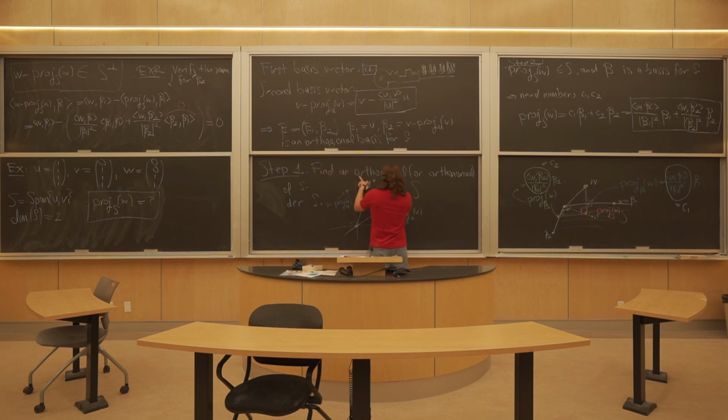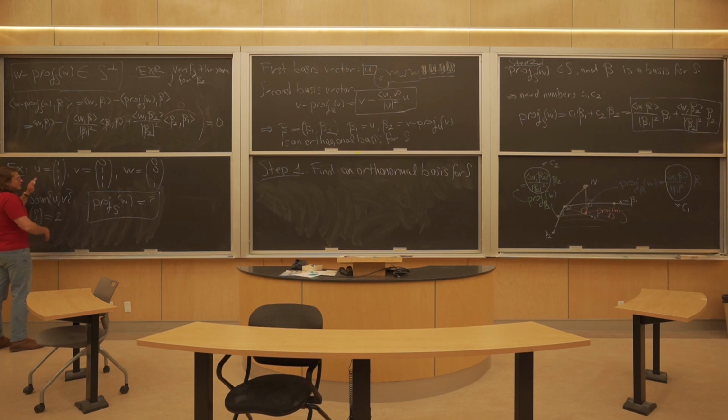So this is all about angles. This is telling you their lengths are 1 as well. That's my first step. I need to compute a bunch of inner products. So U against U, U against V, and V against itself.